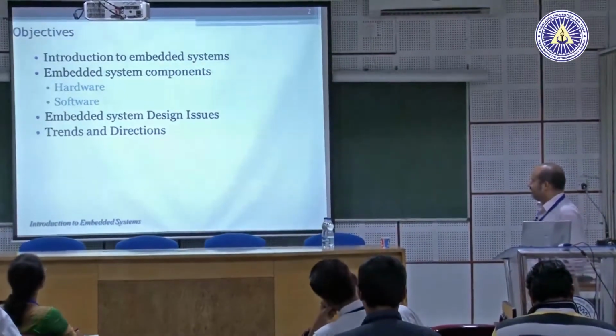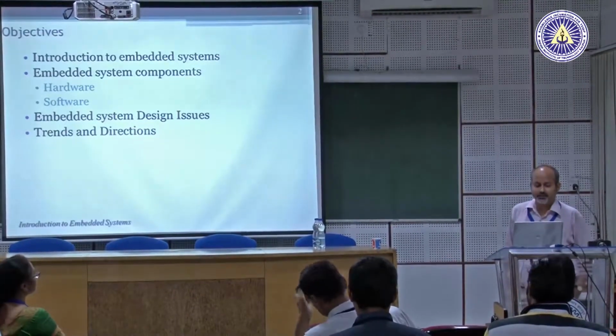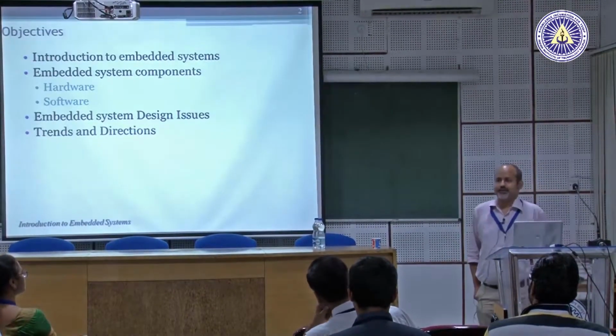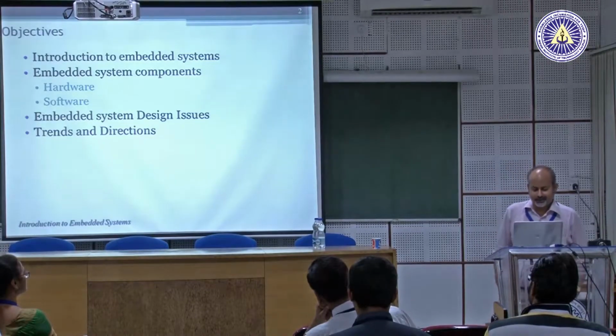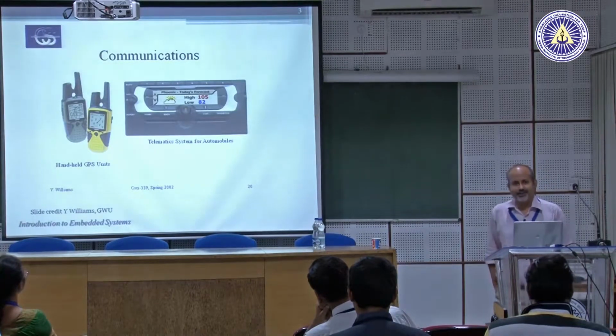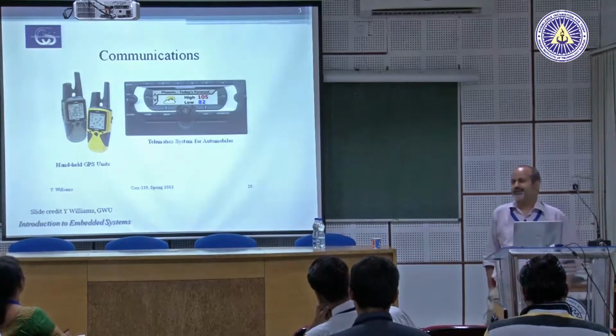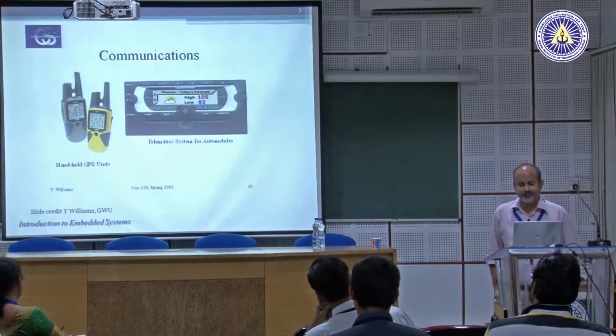So we'll talk about what an embedded system is all about, and what its major components are, and then we'll talk about some of the design issues and trends and directions. All of you are currently holding an embedded system in your hand or in your pocket, which is a smartphone or a mobile phone.